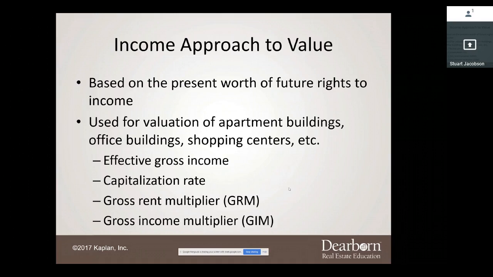Let's say your strip mall that you're building, or that you're looking to purchase, is a 3-store strip mall. Well, they're going to be vastly different. So the sales comparison approach would not be wise to use. However, would we not say that if the stores are the same size, there would be a relationship between the value and the income? Yeah, definitely. So that's what the income approach is.